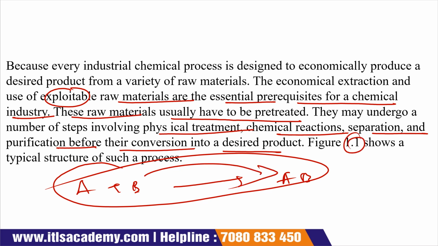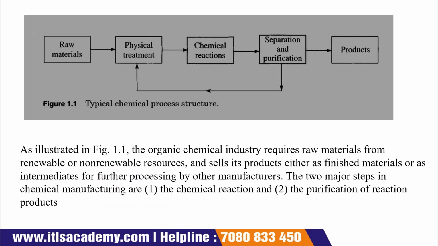Now figure 1.1, which is in the next slide, shows a typical structure of the process. See, this is your raw material. Then here, physical treatment, chemical reaction, separation and purification. Okay, then product.